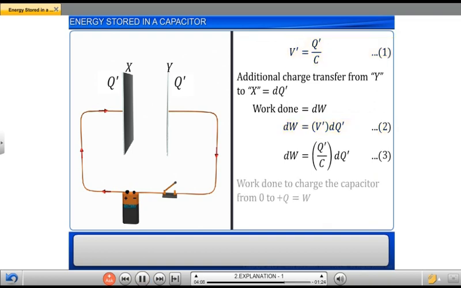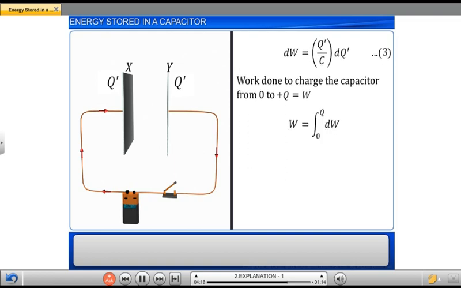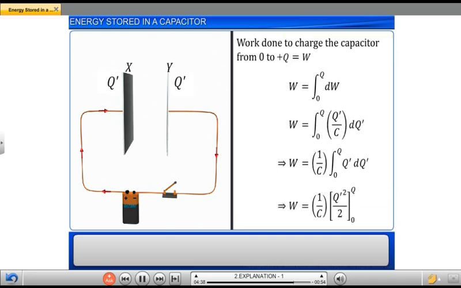Now, let us calculate the total work done W to charge the capacitor from 0 to a total charge plus Q. We know that W is equal to the integral of dW in the limits 0 to plus Q. Substituting the value of dW from equation 3 in the above expression and simplifying further, we get W is equal to Q squared by 2C.